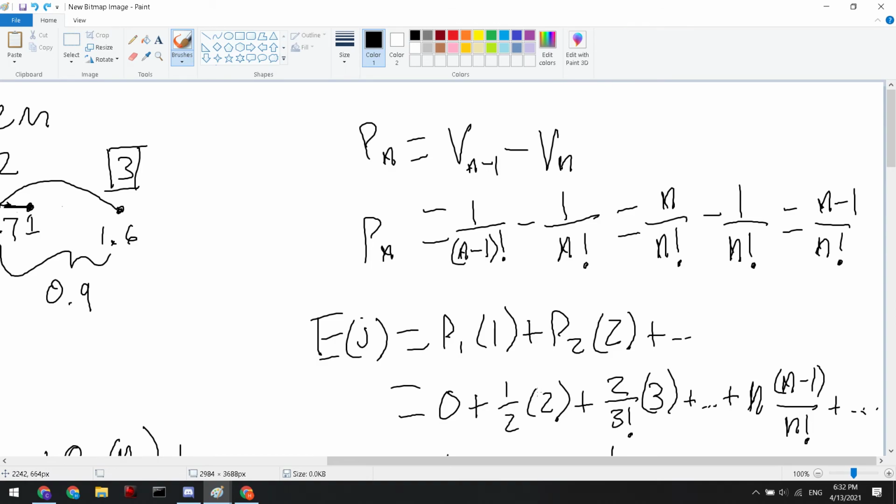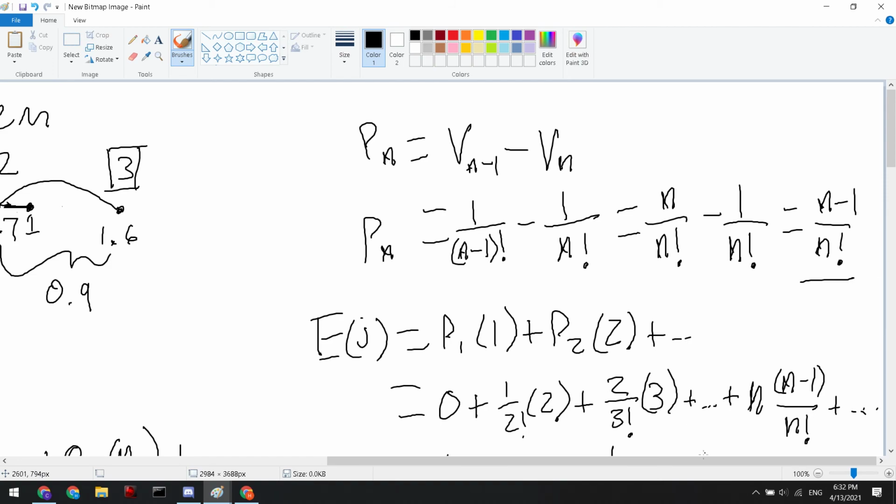And when you plug this into your p_n, right here, you end up with p1 is 0, p2 is 1/2, or 1 over 2 factorial, I really should write, times 2, plus 2 over 3 factorial times 3, plus, and it continues, n times n minus 1 over n factorial.